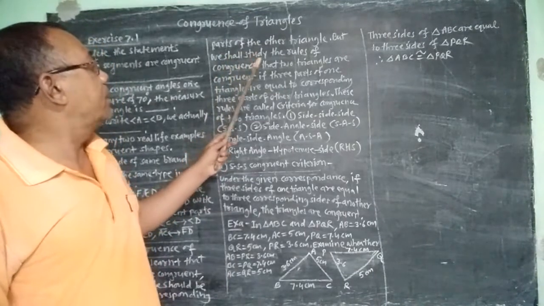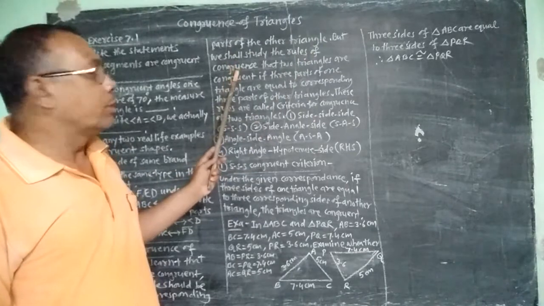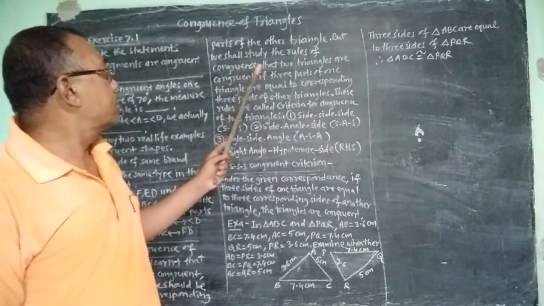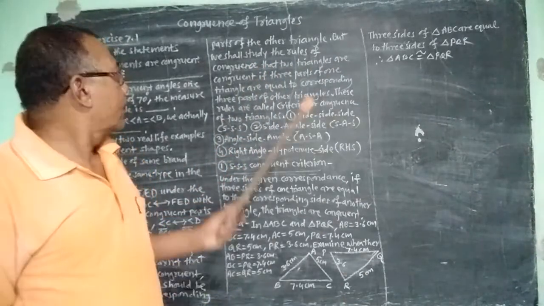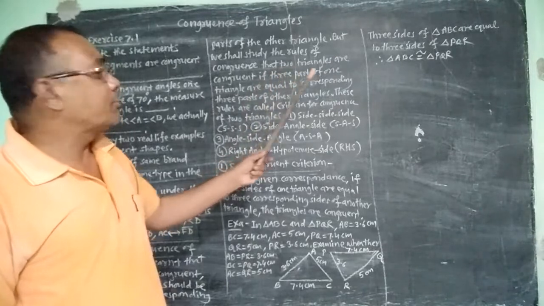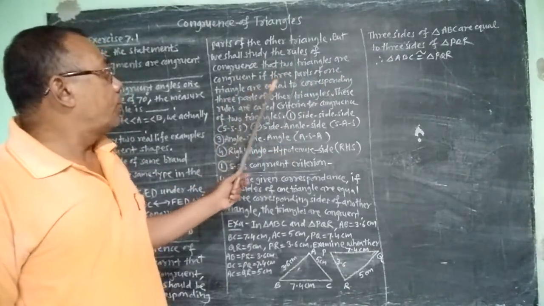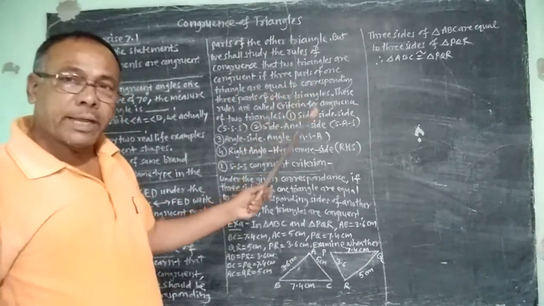Here we shall study the rules of congruence: two triangles are congruent if 3 parts of one triangle are equal to the corresponding 3 parts of the other triangle.